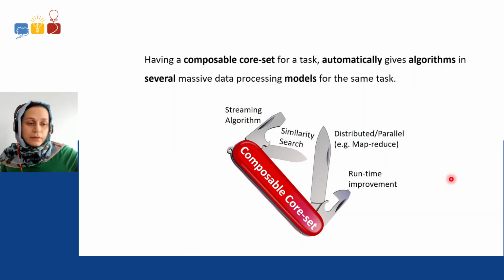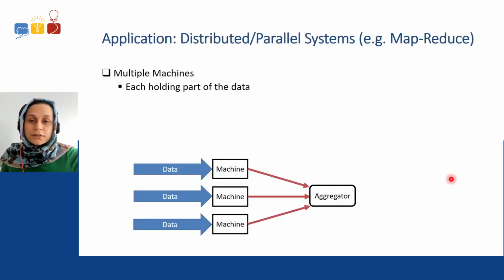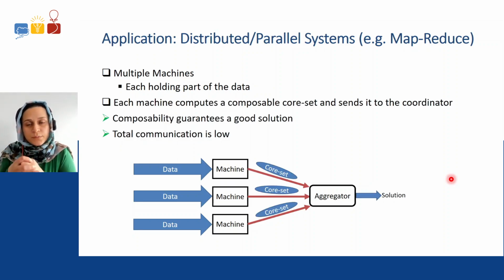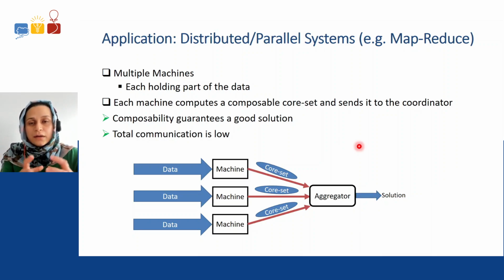So let me explain. First suppose that we are in a distributed setting. We have multiple machines, each machine holds part of the data, and we want to solve a problem over the union of all the data held by all machines. Suppose that the problem has a composable coreset, meaning there is an algorithm that can compute one. Then each machine can just compute this small summary on its own data and send it to a single aggregator.